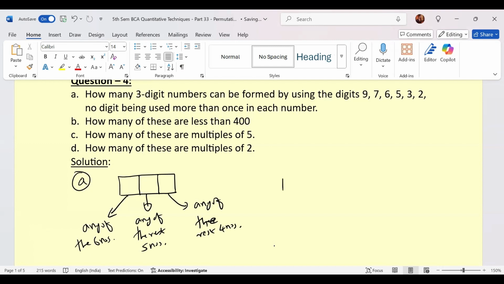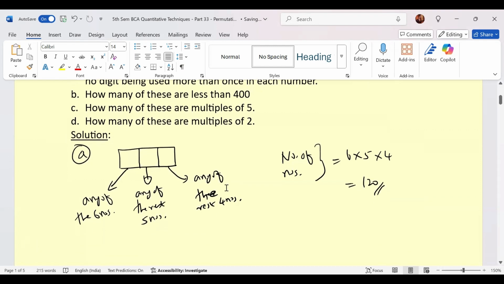So therefore, number of numbers possible is 6 into 5 into 4, which is 120. That is your first part. Second part is how many of these are less than 400?